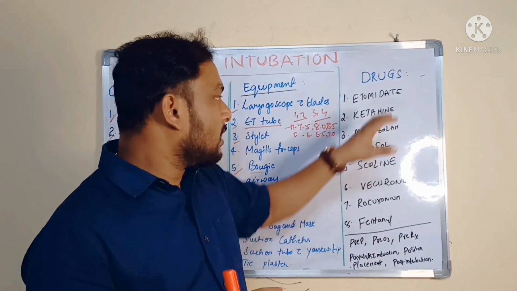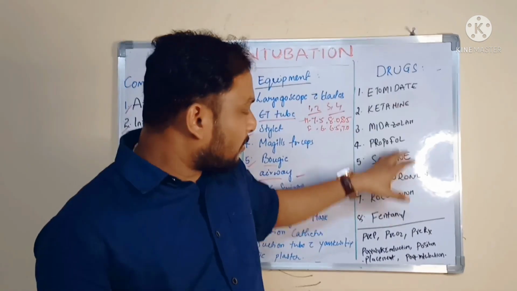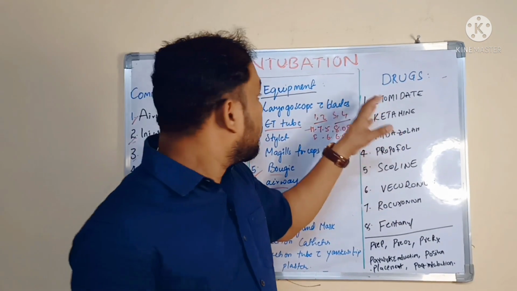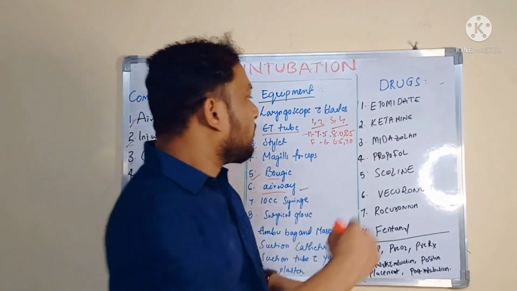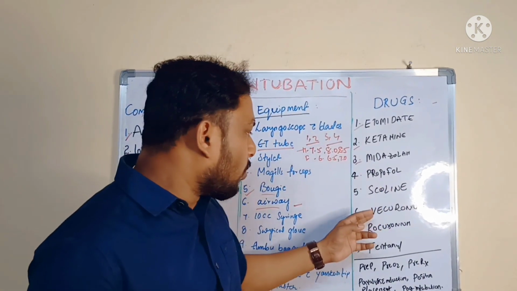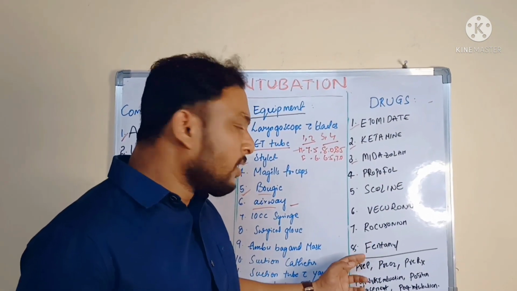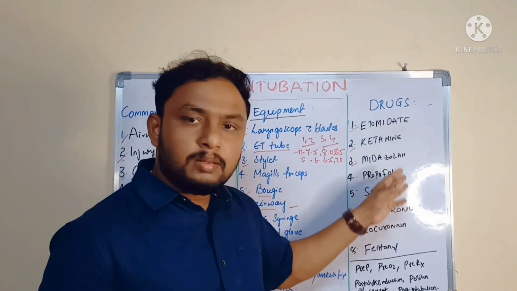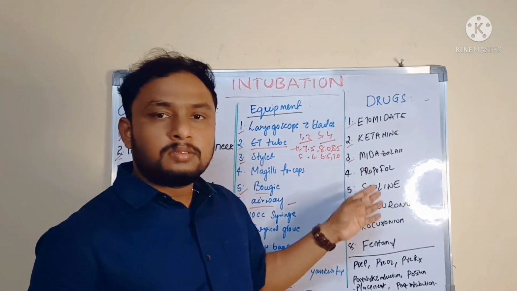Don't get confused. Here I listed some commonly used drugs in the intubation process: etomidate, ketamine, midazolam, propofol, succinylcholine, vecuronium, rocuronium, fentanyl. There are some other drugs also, but these are the commonly used drugs.